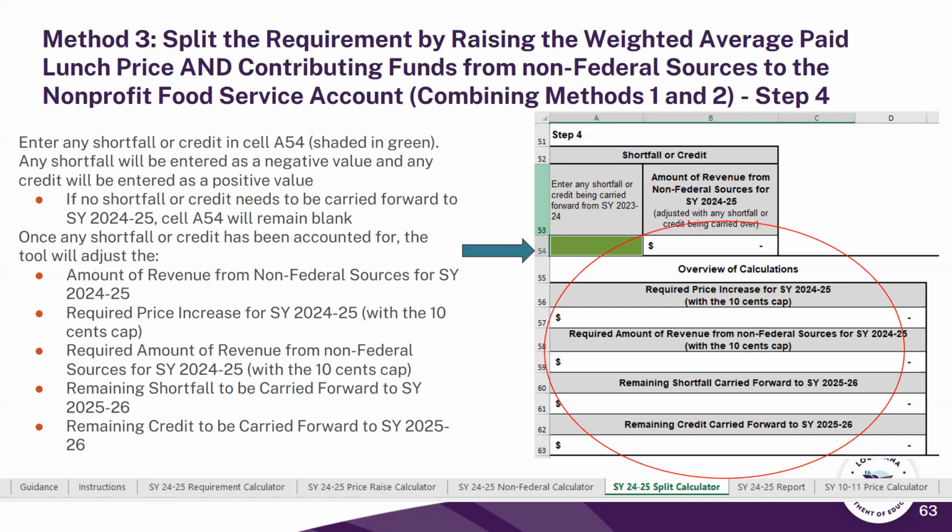Once any shortfall or credit has been accounted for, the tool will adjust the amount of revenue from non-federal sources for school year 24-25, the required price increase for school year 24-25 with the 10-cent cap, the required amount of revenue from non-federal sources for school year 24-25 with the 10-cent cap, the remaining shortfall to be carried forward to school year 25-26, and the remaining credit to be carried forward to school year 25-26.